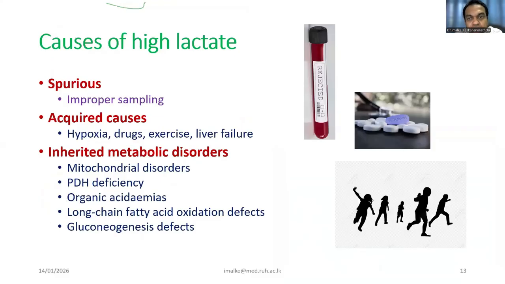The main reasons for high lactate are spurious or improper sampling. Sometimes hypoxia, I think the second most common, and certain medications which were discussed. Inherited metabolic disorders should be kept as the last differential diagnosis after excluding simple day-to-day practice clinical scenarios, right?